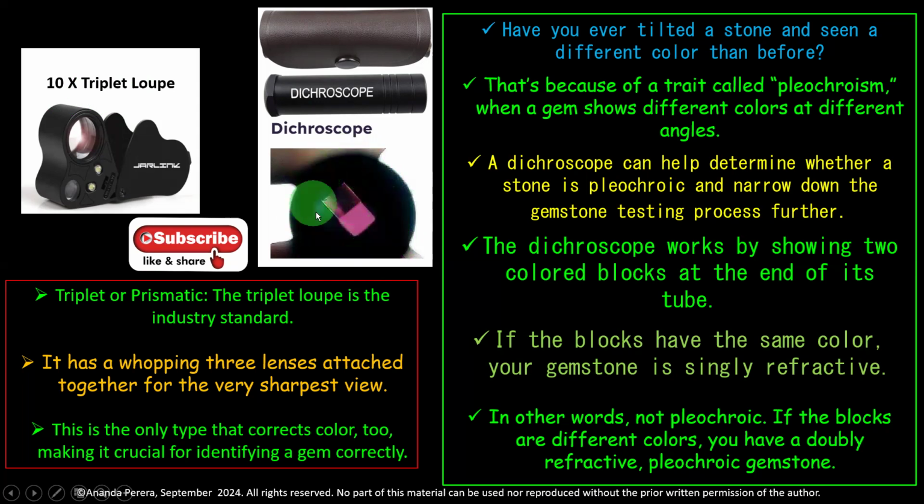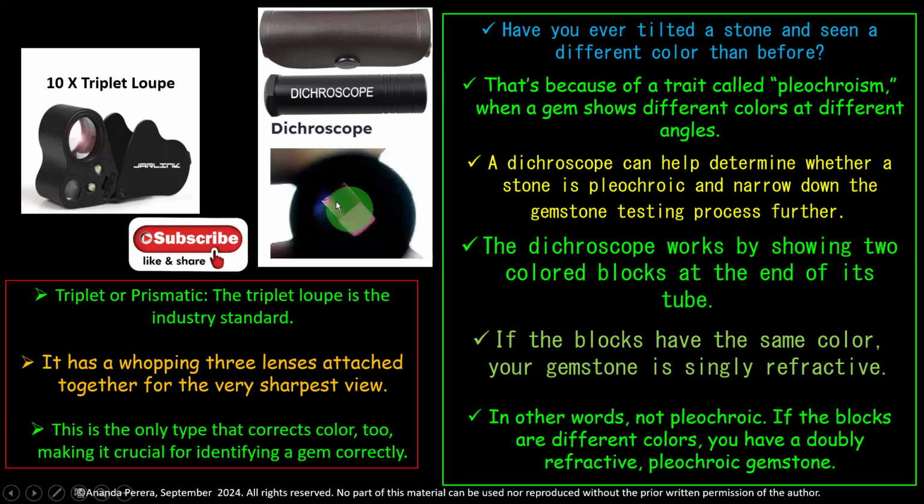If we check a spinel, the same color goes to both rooms. If it is garnet, the same color goes to both rooms. If it is a ruby, there are 2 colors moving, one here and the other color there. So it gives double refractive.